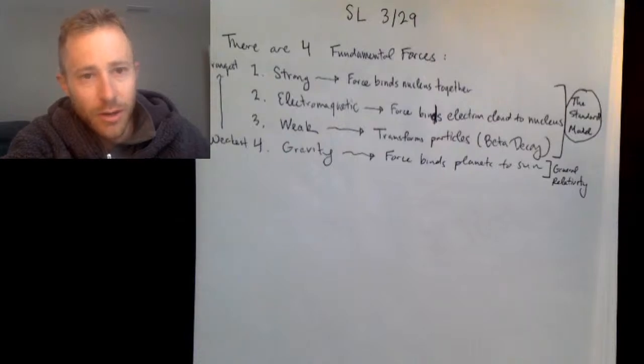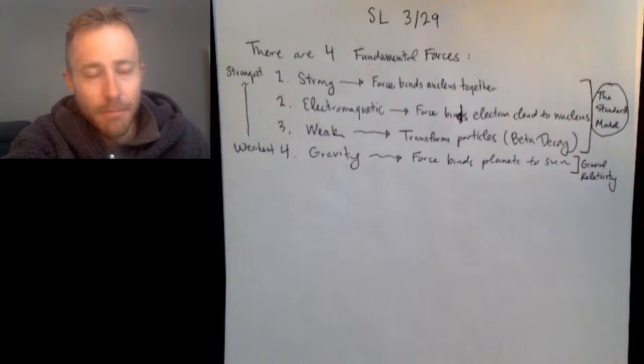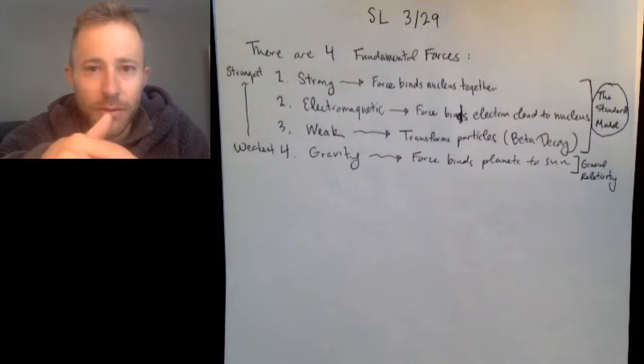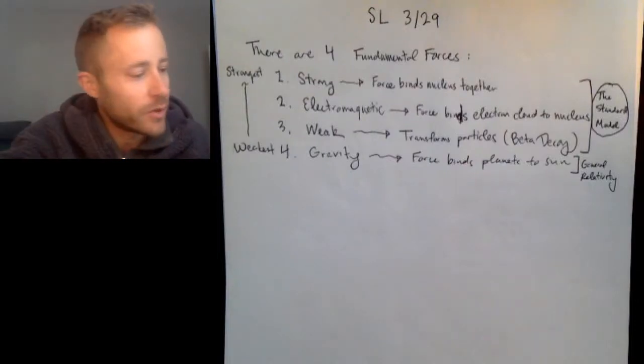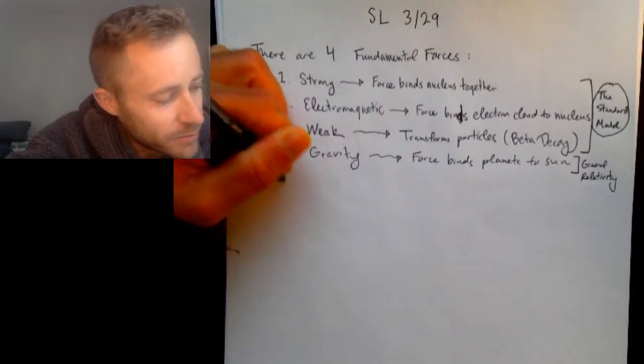And so in order to understand what is happening inside a black hole, we need to have a theory of all four fundamental forces, okay? So we call that a theory of everything.